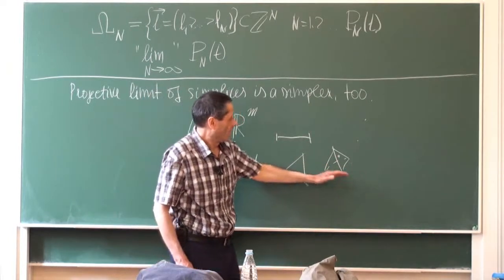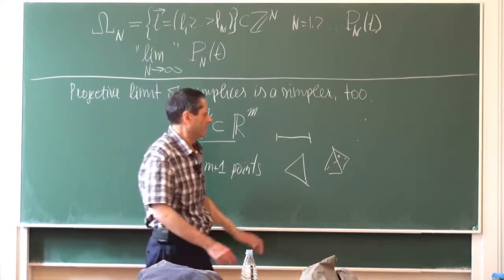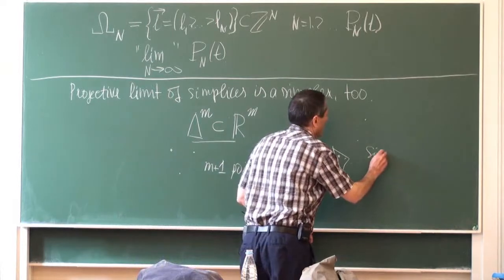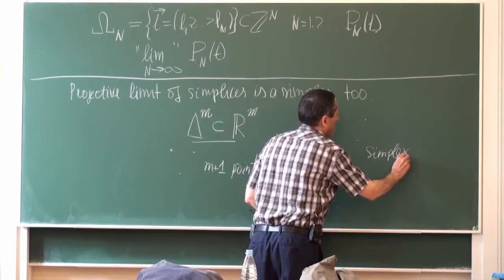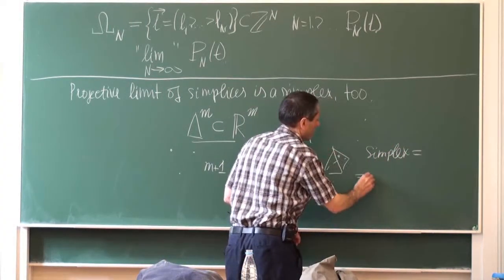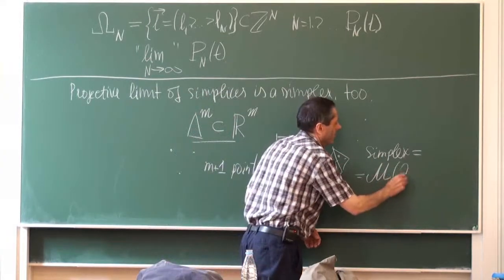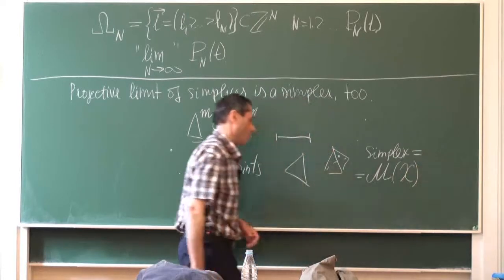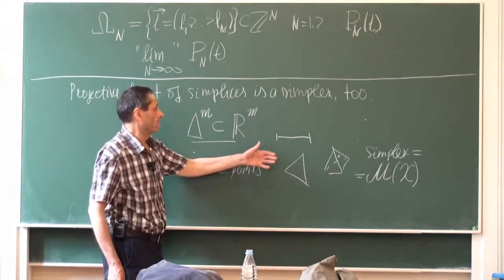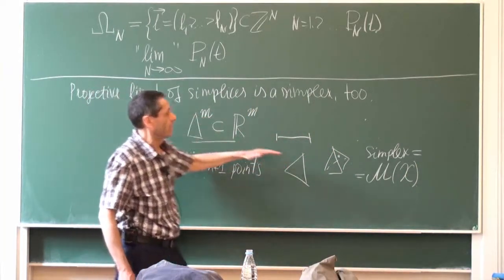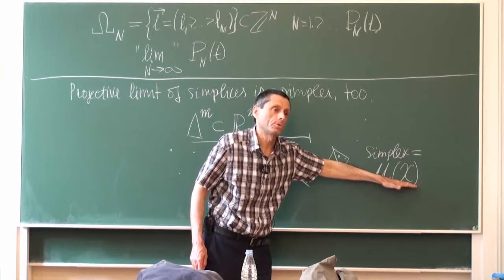So the idea is as follows. A simplex is just the set of probability measures on a finite set X. In this situation, if the dimension is m, the number of points here is m plus 1.